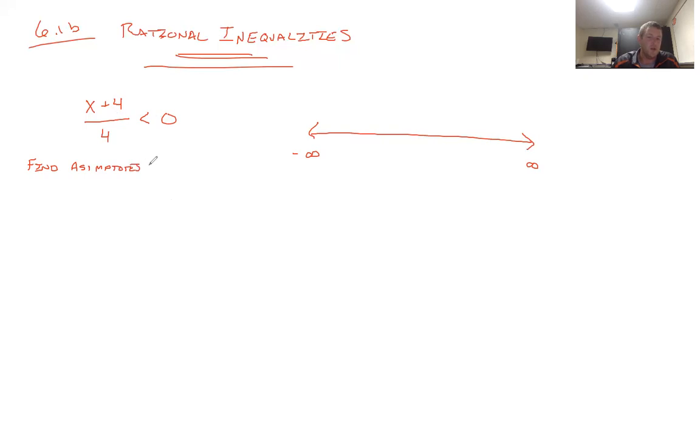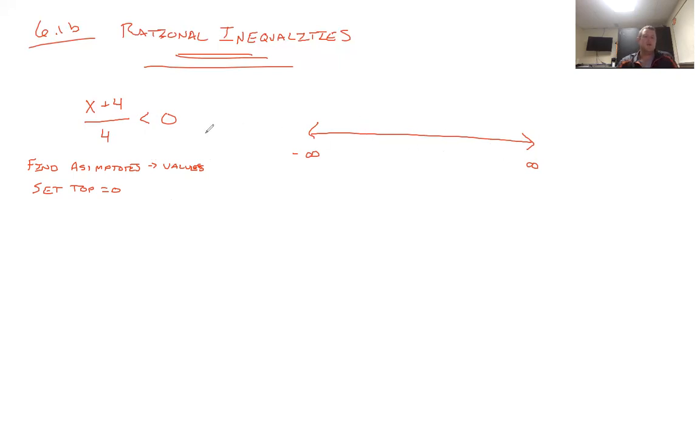So you'll find those, and then you get those values. And then what I would do is chart them on this number line. And then I would set the top equal to 0, too. So you're going to set the bottom equal to 0 because you want these values, and then you're going to set the top equal to 0. And you're going to chart every number you get.